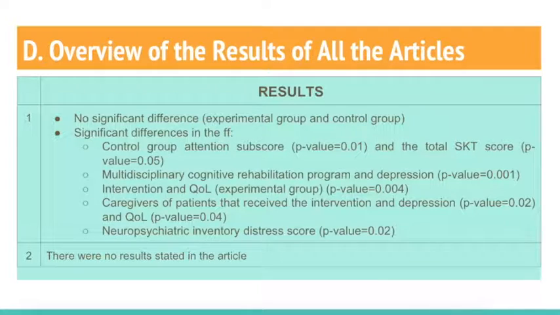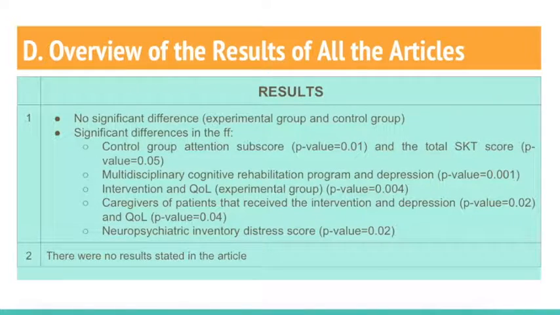Although the results of patients in the experimental group in the Neuropsychiatric Inventory did not show any significant difference, the caregivers, however, showed a positive effect because a significant difference with a p-value of 0.02 was seen on the Neuropsychiatric Inventory distress score.